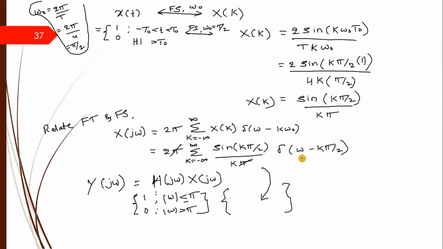Here H is 1 only for the range of omega less than or equal to pi. So we should select k's value such that omega does not exceed pi. Hence in the range omega less than pi, we get only three values. For these three values, when you substitute, H of j omega is 1.